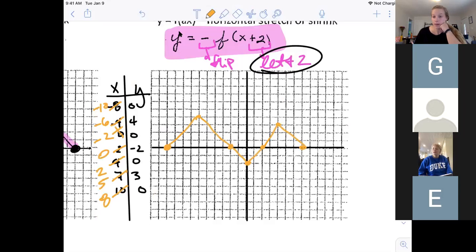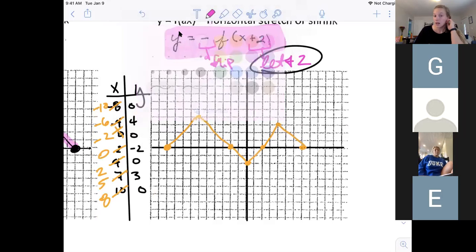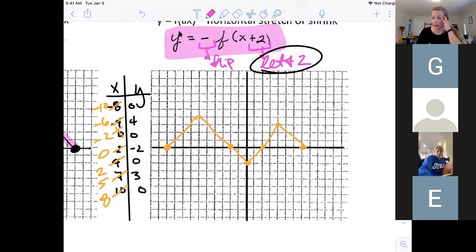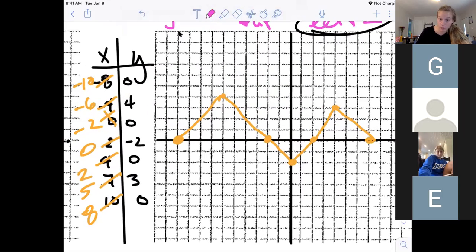Now I want to flip them. It doesn't matter which order I had done this in, so you could have flipped them first and then moved them. From here, I'm just going to graph exactly my flips. If you flip it, that's like multiplying your y's by a negative number. So I can just go here and make all my y's negative.